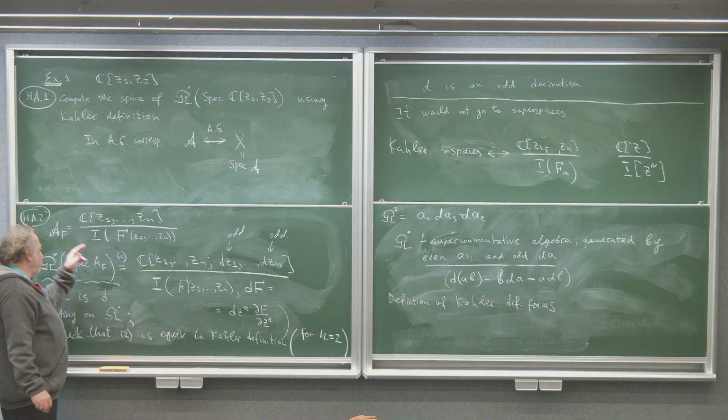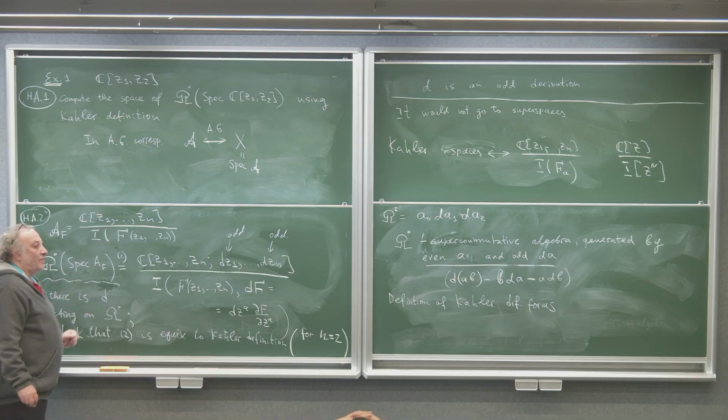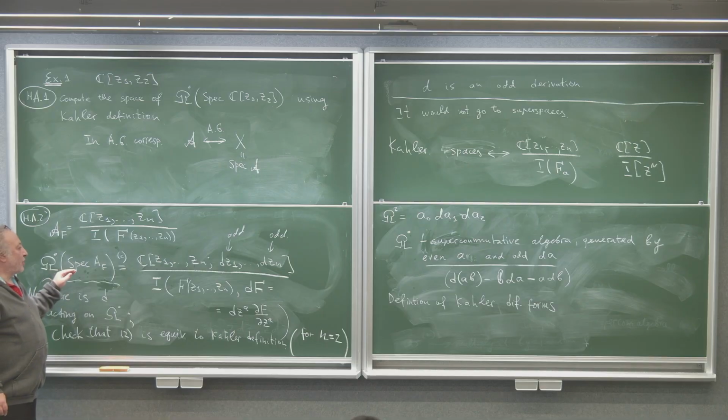Interestingly, here we have another example of a supercommutative algebra, and it is a supercommutative algebra with differentiation d. Moreover, it's a homological differentiation. This d squares to 0.